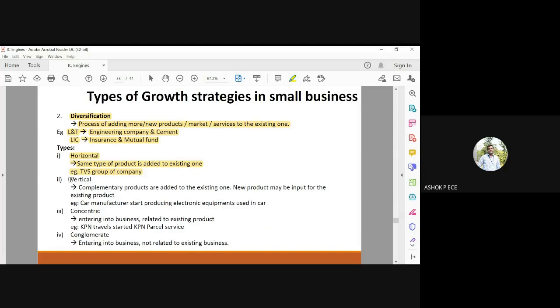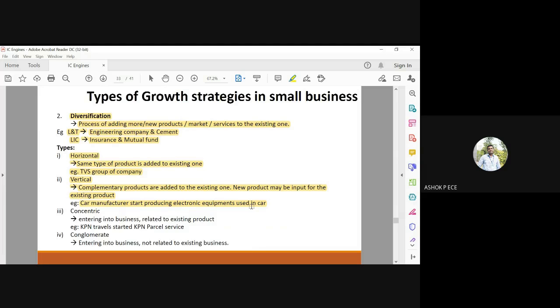Vertical means complementary products are added to the existing one, so completely different products you will add. Car manufacturers using electronic equipment. Assume that you have a Ford car, and the air conditioning unit inside the car is manufactured by Ford.